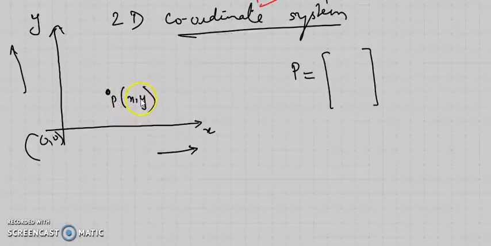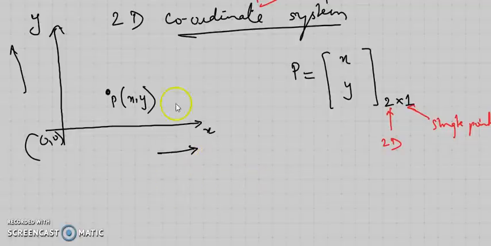Since this is a single point, I am going to write it as x, y. How many rows are there? 2 rows. How many columns are there? 1 column. So 2 rows imply that we are dealing with 2D coordinate system, and one column implies that there is a single point.